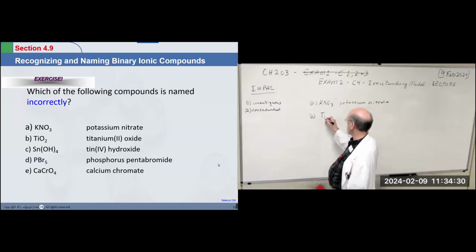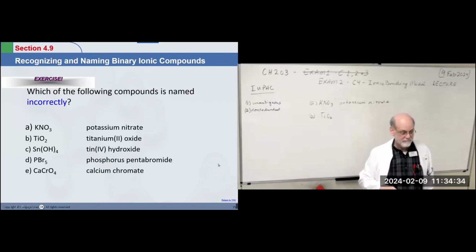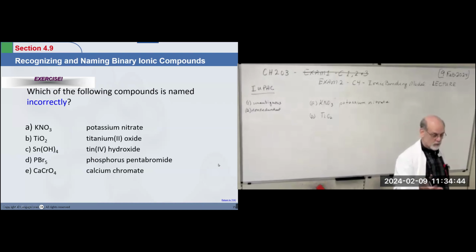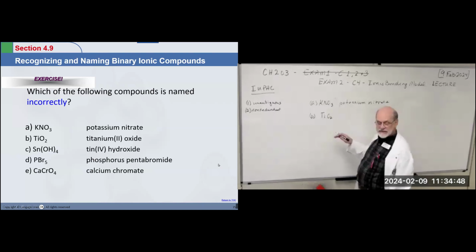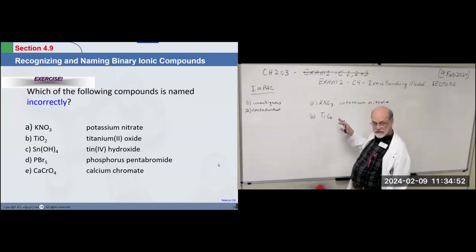TiO2. Right? Where does that one come from? Titanium. It's a transition metal. It has more than one possible charge, so it's a type 2 compound. We just need to determine what's the charge. Because it's a metal, non-metal, it is charged.